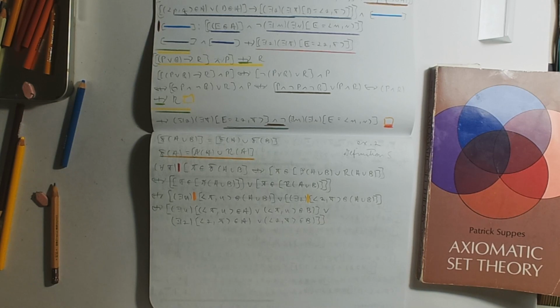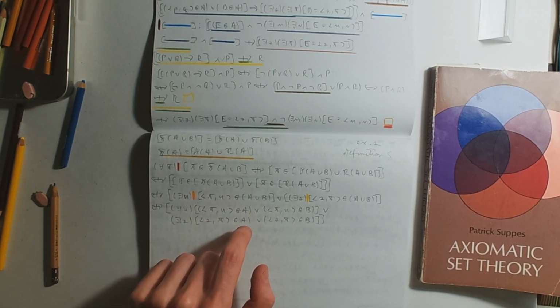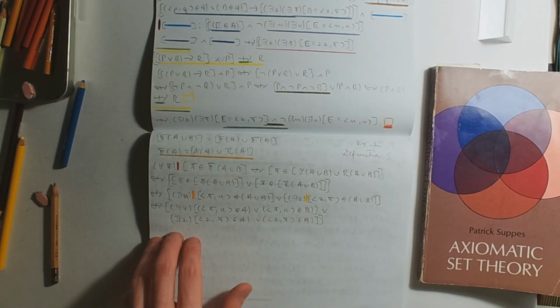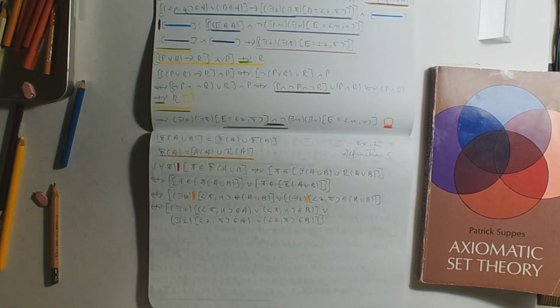So if I want to break this down, what I'd want to say is interderivable with the expression that T is an element of the domain of A, or T is an element of the domain of B, or T is an element of the range of A, or T is an element of the range of B. Okay, but then what are we doing with these U and S we had to quantify into existence?